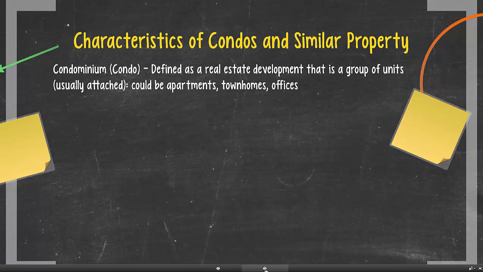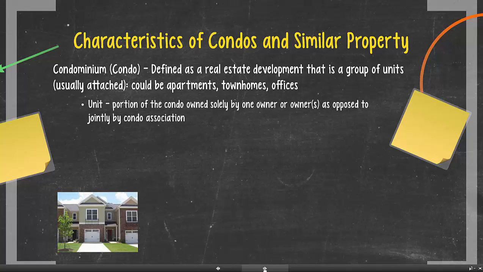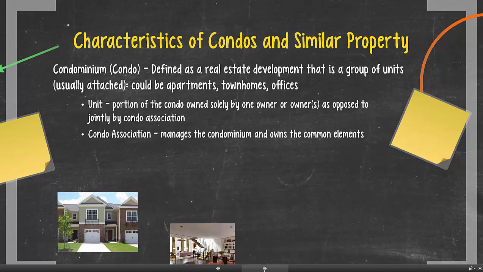A condominium, or a condo, is defined as a real estate development that is a group of units, usually attached to each other, that could be apartments, townhomes, or offices. A unit is a portion of the condo owned solely by one owner or owners, as opposed to jointly by the condo association. The condo association manages the condominium and owns the common elements.